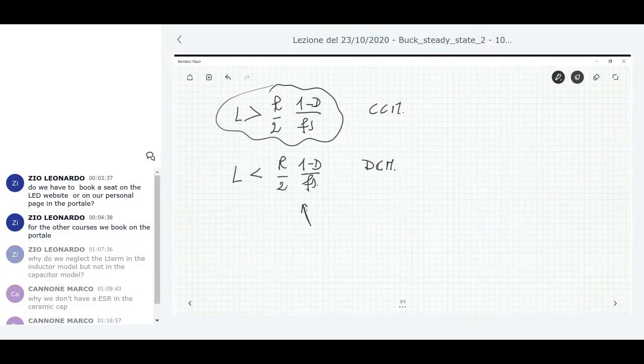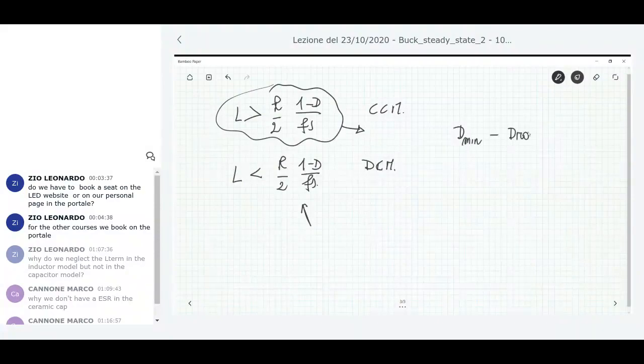In any case, if the resistance at the output R is, let's say, infinite, so you disconnect the load, you get into discontinuous conduction mode. In order to be sure that this inequality is always true for your operating conditions, you have to consider that you always have a variation of the duty cycle between a minimum value and a maximum value.